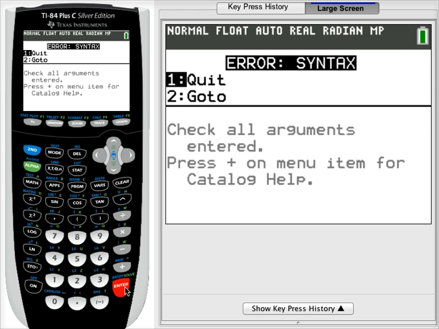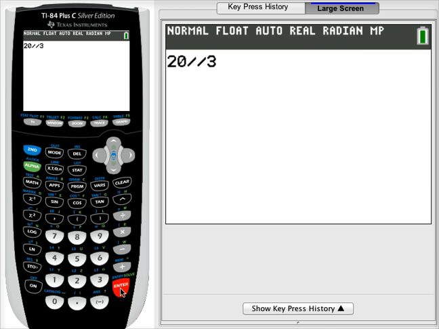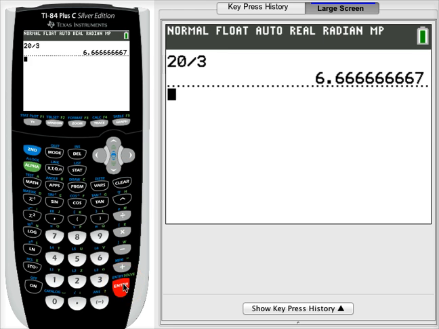Let's try 3. Well, no, 3 didn't work. So 3 doesn't multiply to give me 20. Let's try 4. Oh, 4 and 5 work.